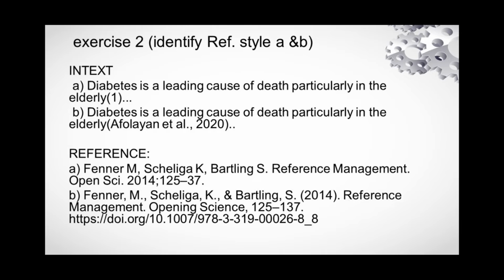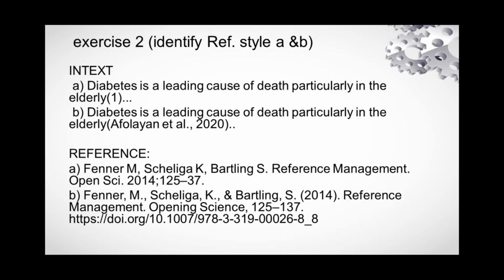On the reference list, you would notice that you usually see the surname first, followed by an initial. Then you see the name of the article, which is Reference Manager, that is the name of the reference management. Then the name of the journal is Open Science.